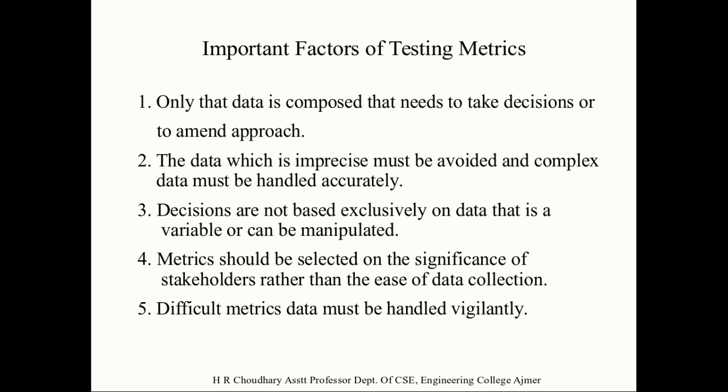So we should keep in mind all the stakeholders when selecting the metrics. And the fifth factor: difficult metrics data must be handled vigilantly, because it is very important. On the basis of those metrics, we are going to compare the quality of the software, so it should be handled very vigilantly.